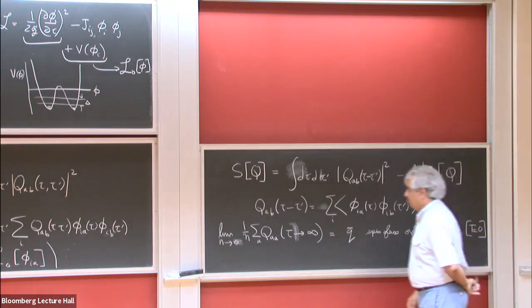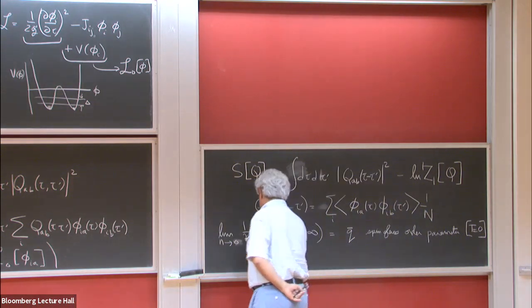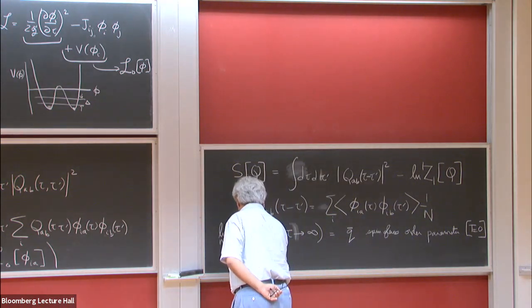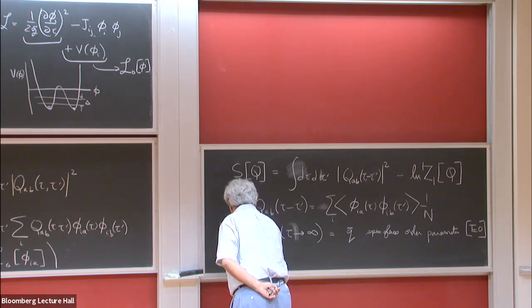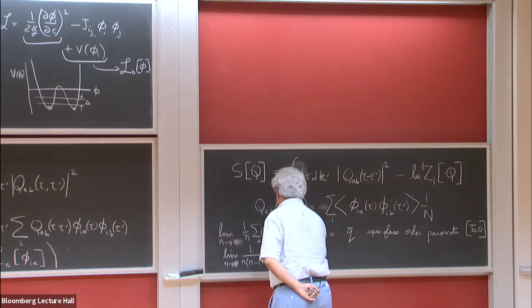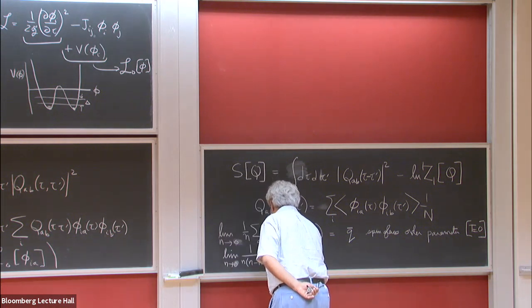Okay, but another interesting order parameter, which I also mentioned last time, is the off-diagonal order parameter, n goes to 0 of Q_AB.